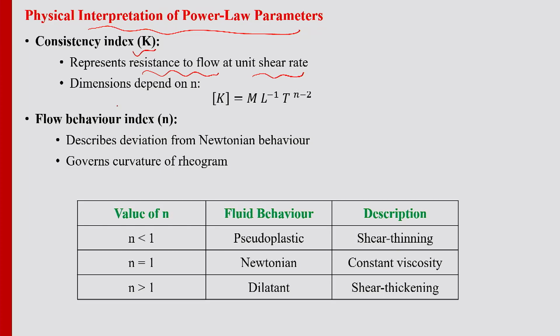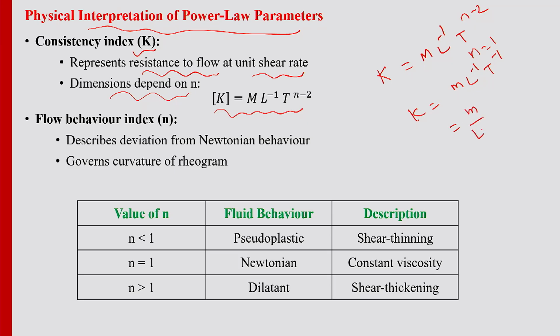The dimension of k depends on n: k equals M L^-1 T^(n-2). Just as an assumption, substitute n equal to 1, then k behaves as M L^-1 T^-1, like kg per meter per second, which is always the unit for viscosity.